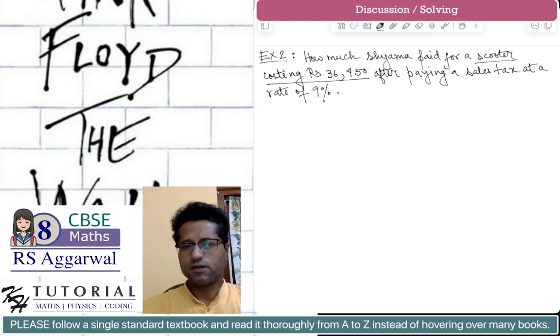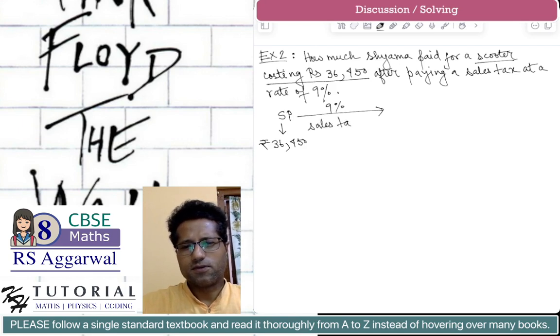It is using the words that Shyama paid for a scooter costing. Costing of an item means the selling price of that item. So we can say the scenario is like this: SP is given to be 36,450, and there is a 9% sales tax.